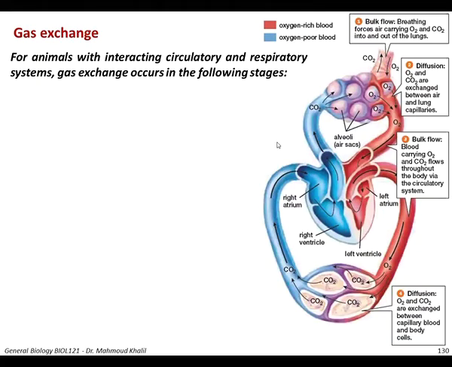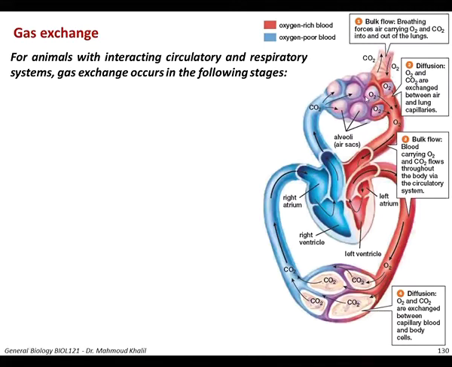Again, you can see how gas exchange occurs. Actually, it occurs mainly, as we said, in 4 steps. The bulk flow leads to the air being internalized into the alveoli, where diffusion occurs between the alveolar wall, which is one cell thickness, and the blood capillaries.